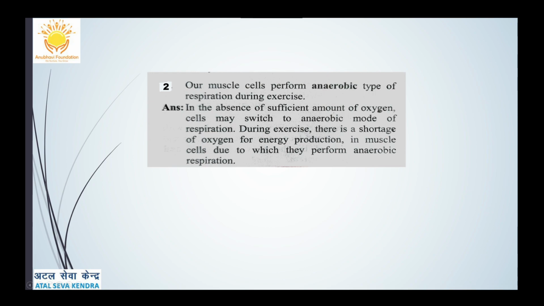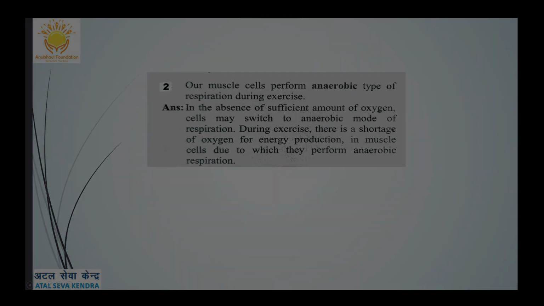During exercise, there is a shortage of oxygen for energy production. Therefore, the muscles have to perform anaerobic respiration, and they will undergo lactic acid fermentation. So incomplete oxidation of glucose will occur and lactic acid is formed. Thus, the muscle cells show anaerobic respiration.